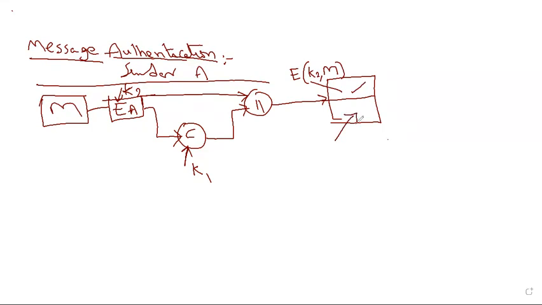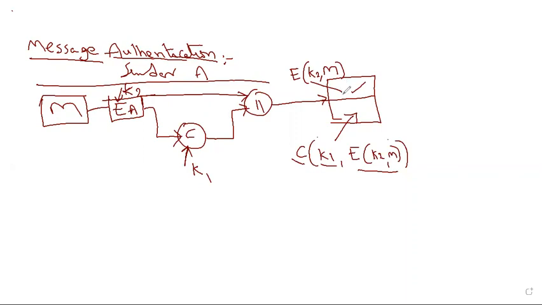How can we represent the MAC? It is generated by using the message authentication function C. This function receives one input K1 and another input the encrypted message, right? What is that encrypted message? E of K2 comma M. On that encrypted message, with the help of K1, we apply the MAC function, right? So this is the message at the sender side.